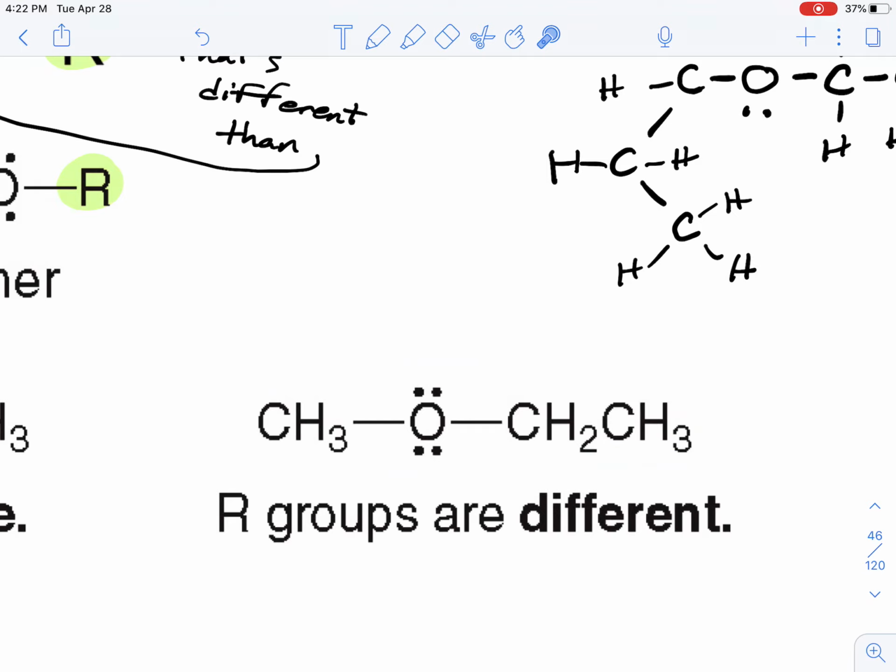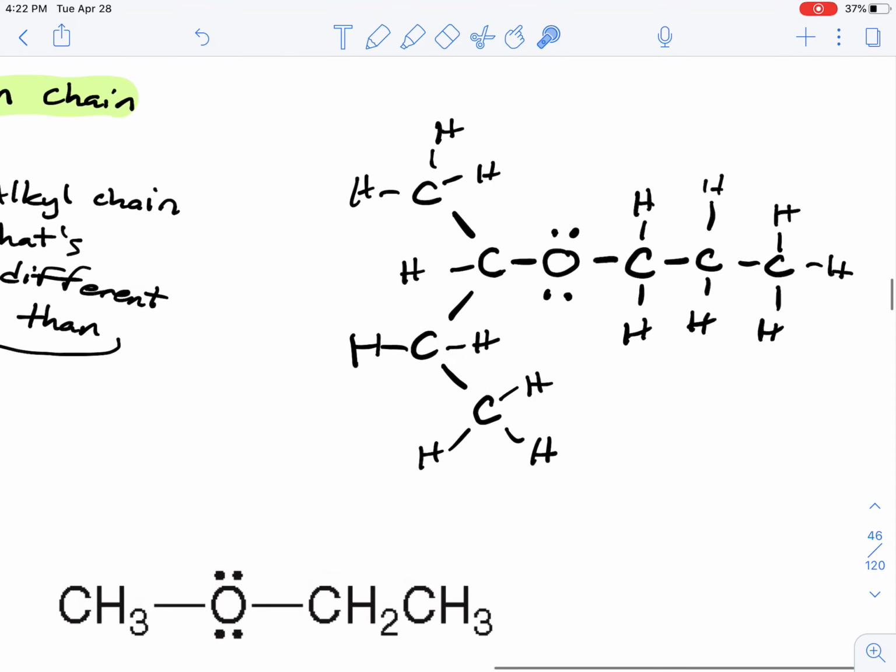Sometimes it's a little bit tricky or difficult to identify an ether in an organic compound. However, if you write an expanded form of it, it's a little bit easier to recognize. We'll look at how this looks in a skeletal structure a little bit later on.